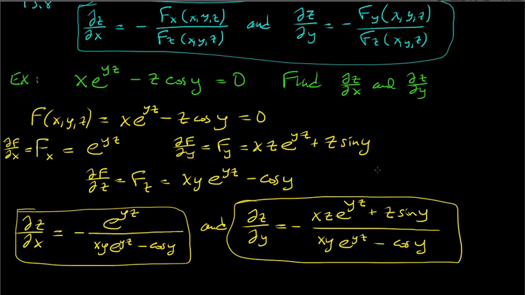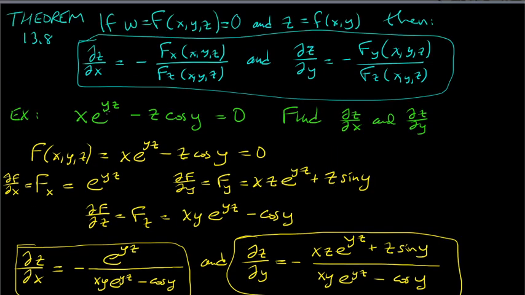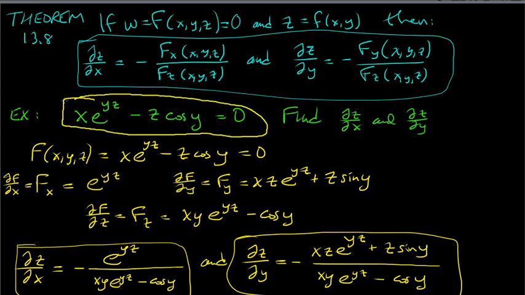So I think this should do it. So this would be pretty much near impossible to do directly, to try to solve for z as a function of x and y, and then take the two partial derivatives directly. Good luck with that.